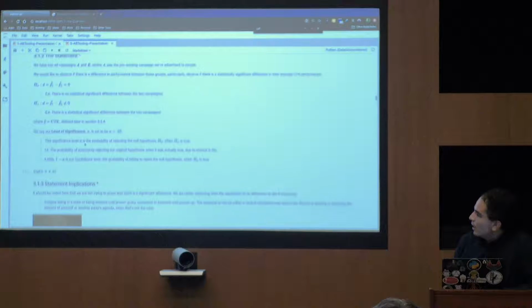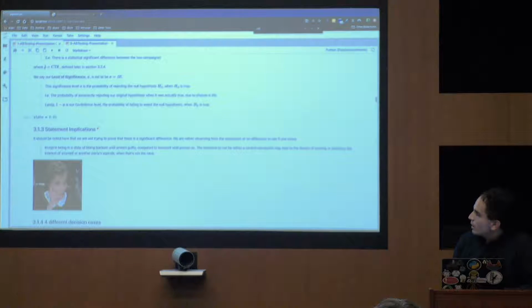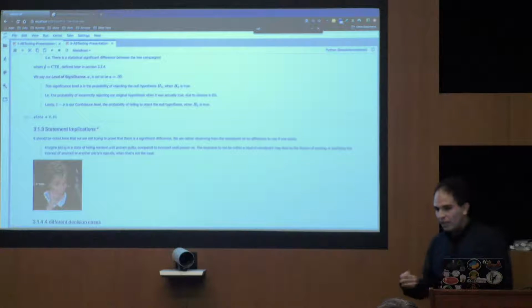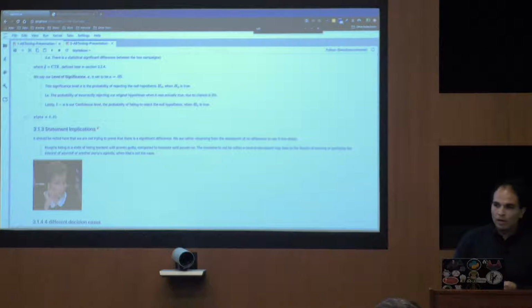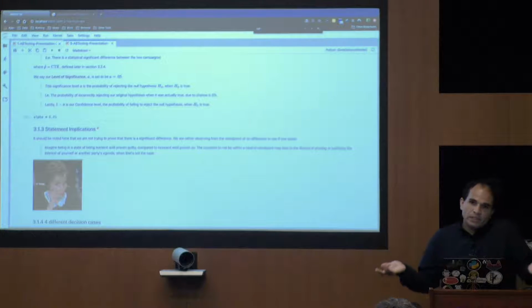Okay, and then some implications for your hypothesis test. In your statement of your hypothesis test, you want to ensure that you're not trying to prove that there's a difference between two things, but rather, as I mentioned before, you come in with the initial expectation that there is no difference between the two groups and you're trying to observe if there is a difference.